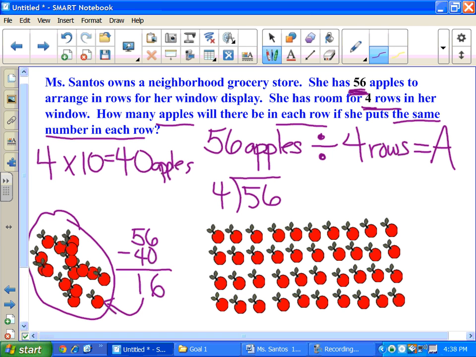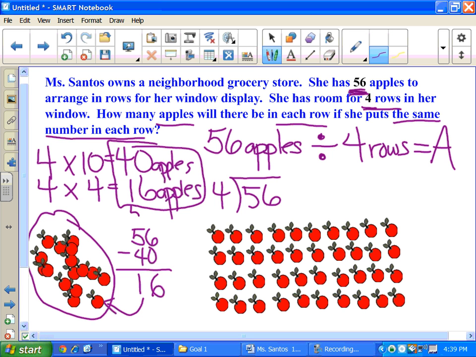Meaning, can I skip count by 4 and land on 16? If so, then I know exactly how many more apples I can put in each row. And yes, you already knew that. So if I take those 4 rows and put 4 more apples in each, I'll use up the last 16 apples. So now you can see that I have put all 56 apples into 4 equal rows.